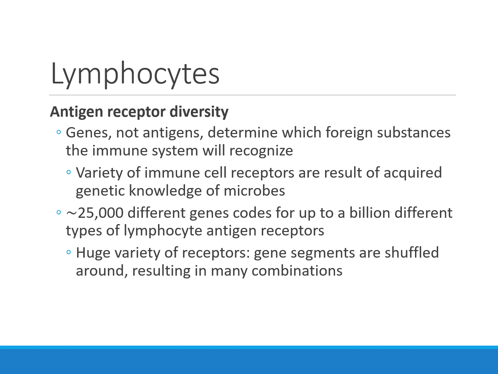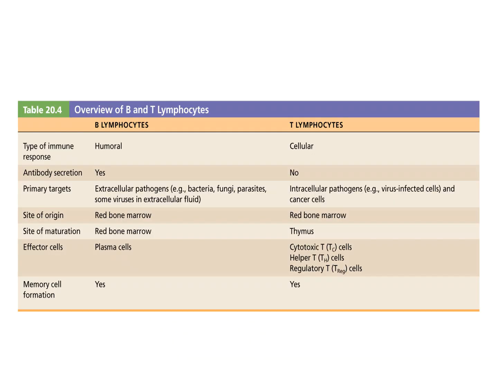So that means we have a huge variety of receptors. The gene segments are shuffled around, and that results in lots and lots of combinations. There are diseases that are defects in the immune system that are considered genetic. In other words, you didn't inherit the right genes to be able to fight certain pathogens. All right, so there's the overview of the B cells and the T cells in a chart form for you.